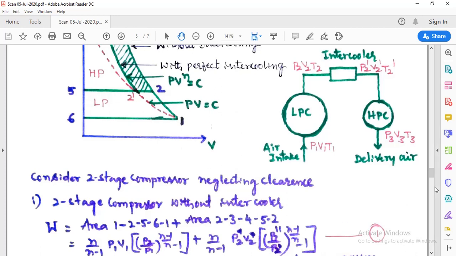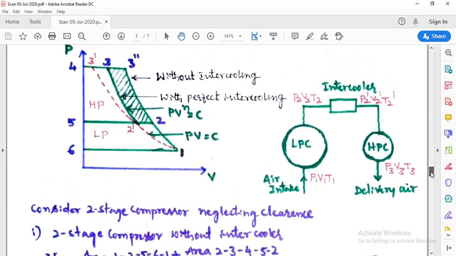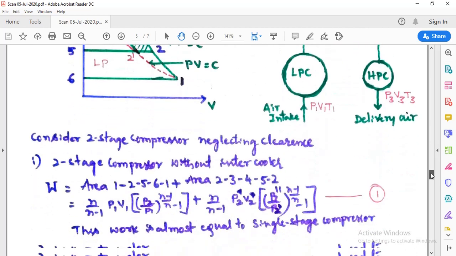This is without intercooler. I have only written 3 here, so you just make the correction here: 2, 3 double dash, 4, 5, 2.